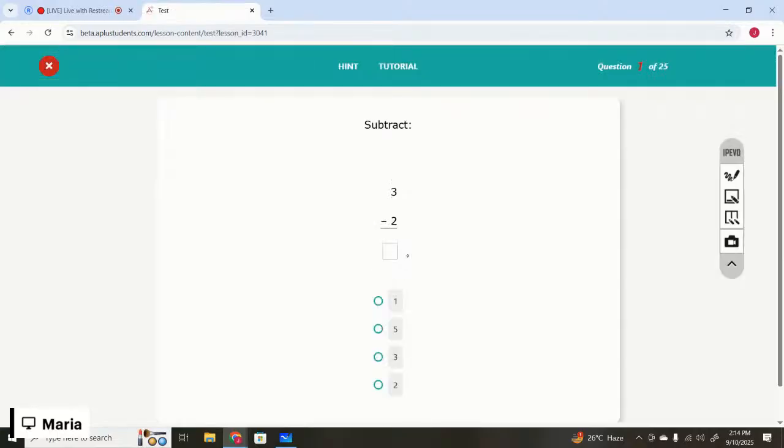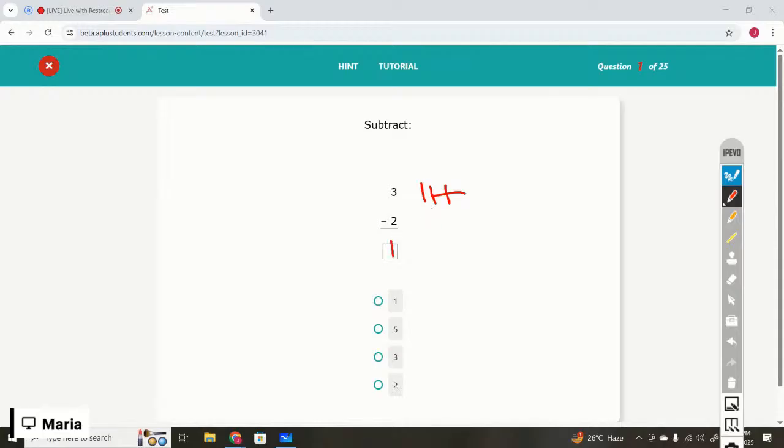There are so many ways to subtract. The simplest one is you can make the lines for the greater number and remove the ones for the smaller number. So we are left with only one. So 3 take away 2 is 1. The correct option is option number 1.